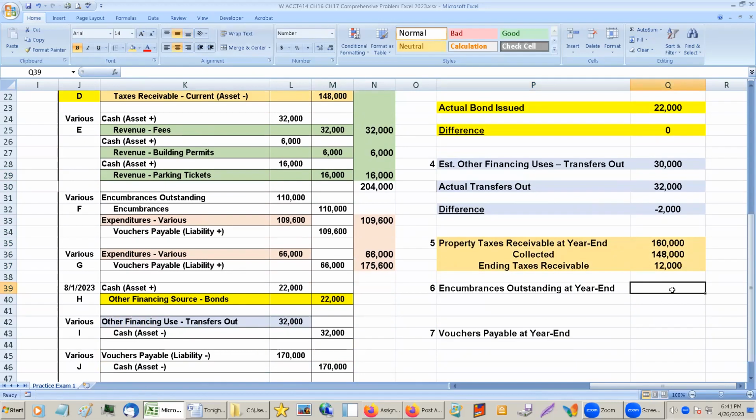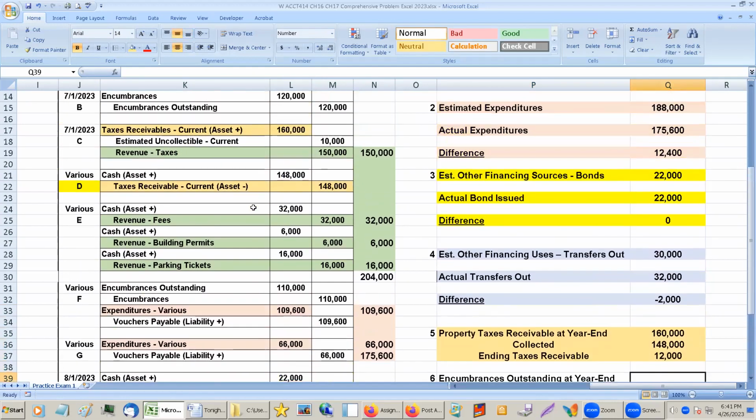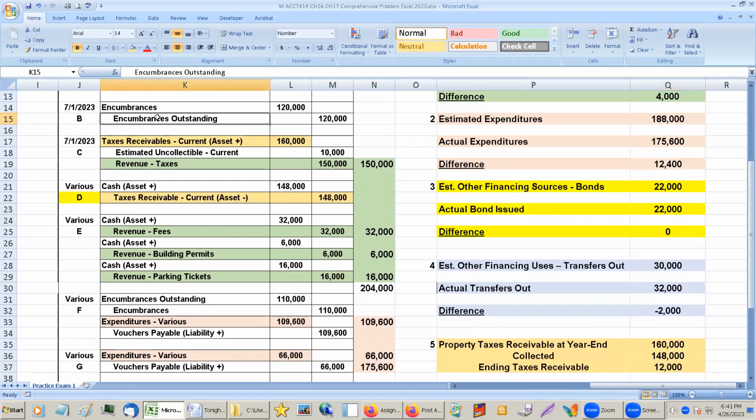Encumbrances outstanding at year end. Okay, encumbrances outstanding was 120.